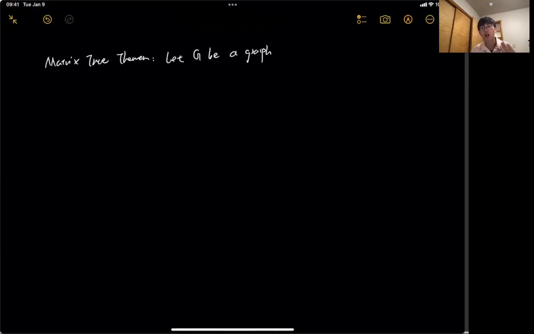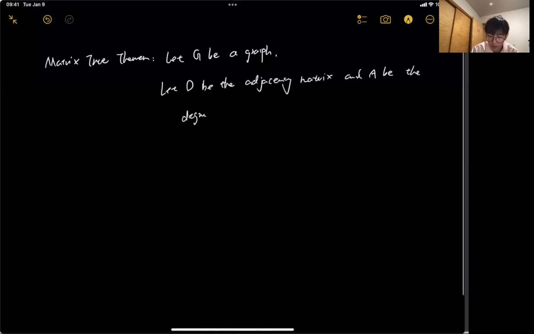A spanning tree is a tree in G that contains every vertex. So let G be a connected graph, let D be the adjacency matrix, and A be the degree matrix.